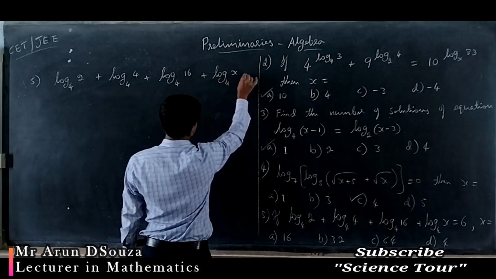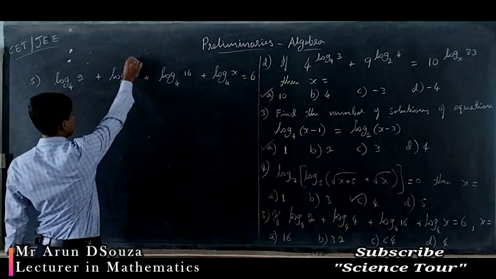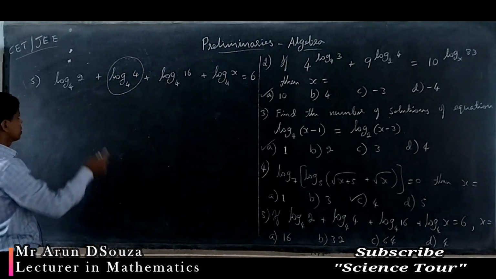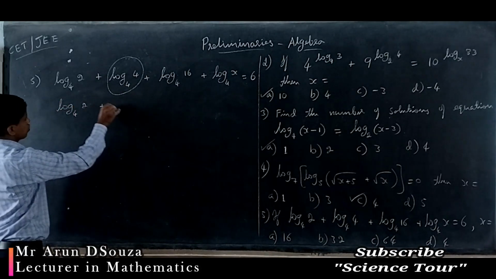Okay, understand, if you have log a to the base a, that is 1, right? So let me write it as 1. That makes the job so much easier.